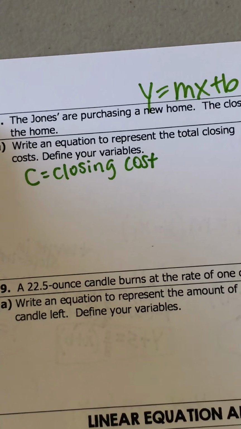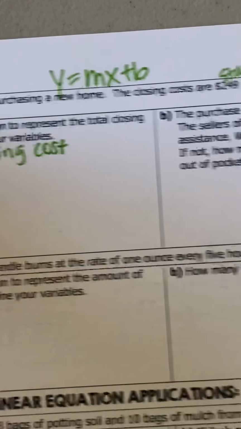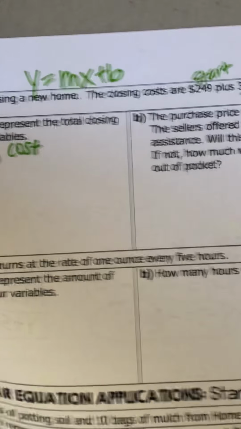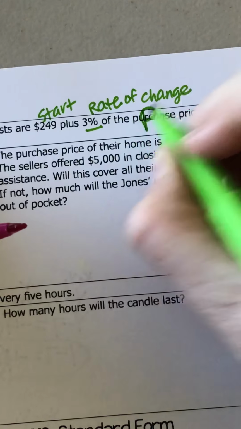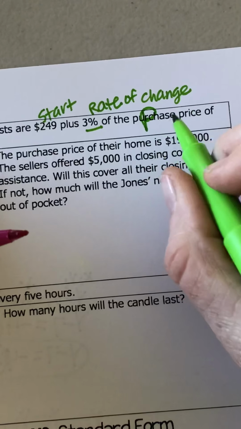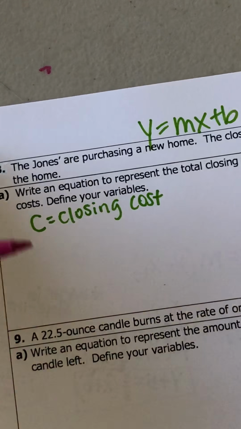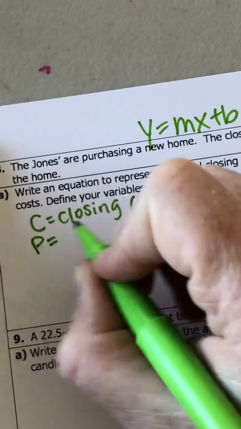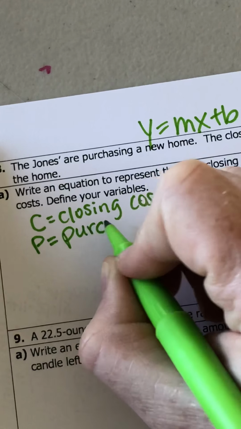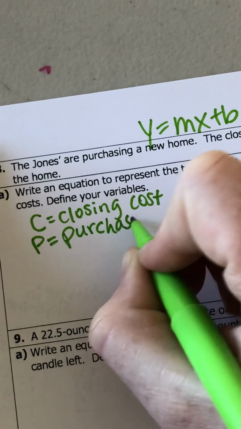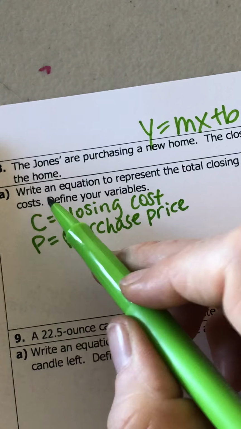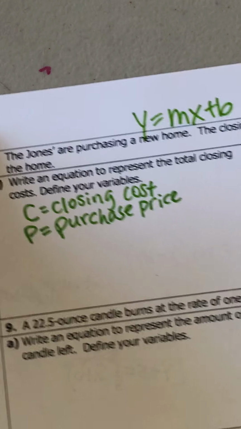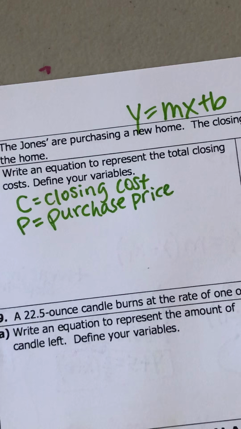And then x is going to be, well, what is the rate really going with? It's 3% of the purchase price. So that's going to be like your x, and I'm just going to call that P. Technically, you can call it whatever you want. That's why you're defining it right here very clearly. Like you could even have y and x right here. Okay. But that's why you're defining it, so I know what you mean.